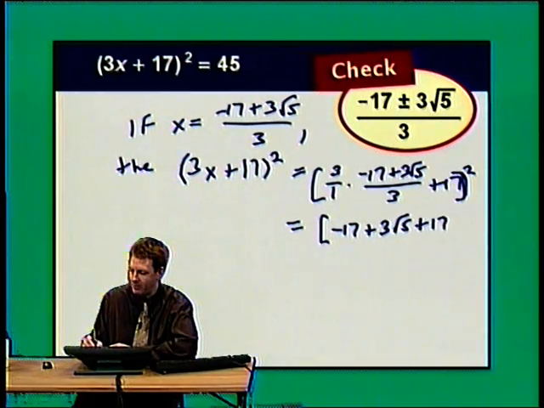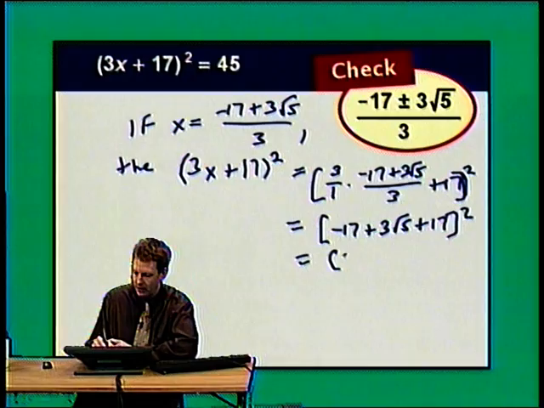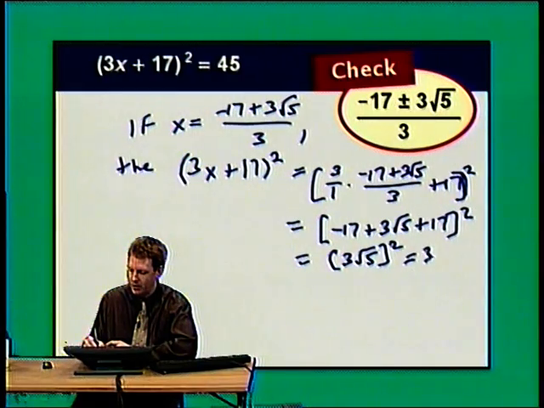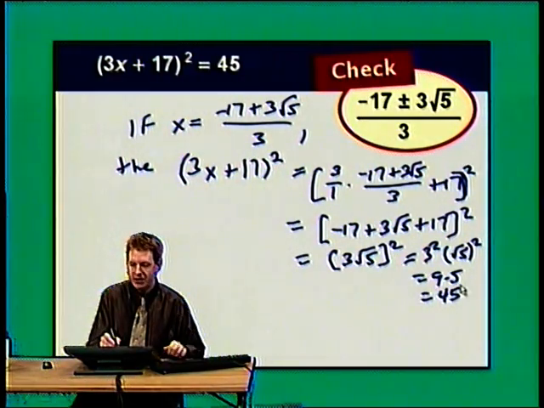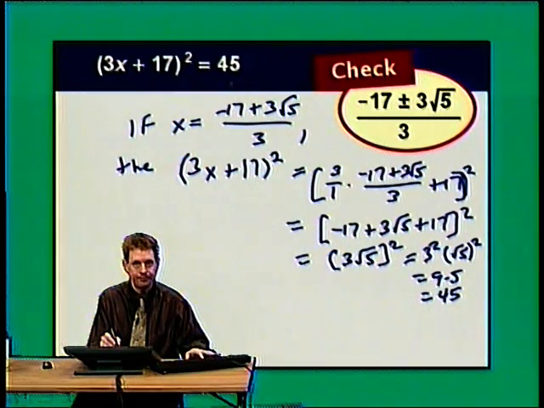I still have my plus 17. This is all squared. The 17s add to 0, so I'm left with 3 square root of 5, quantity squared. Using my product to a power rule, this is 3 squared times the square root of 5 squared, which is 9 times 5, which is 45, which is what I wanted 3x plus 17 quantity squared to equal.